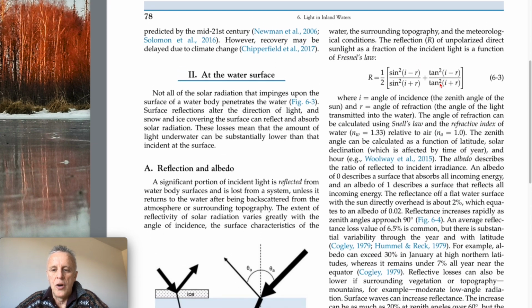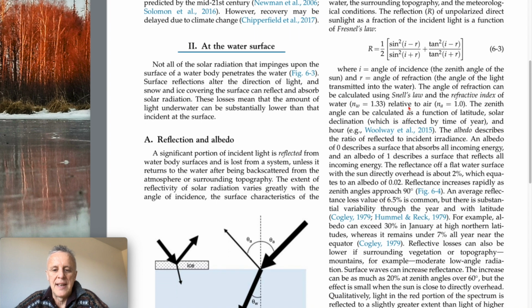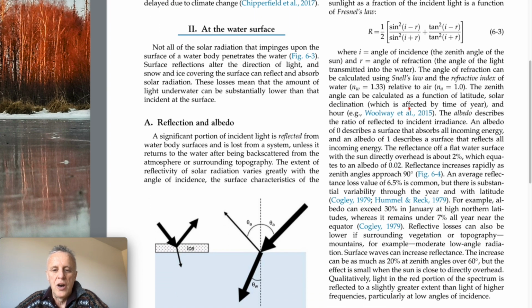The reflection R of unpolarized direct sunlight, as a fraction of the incident light, is a function of Fresnel's law, which is R equals one half of the sine squared of this fraction over the sine squared of this fraction, plus the tangent squared of this over the tangent squared of that, where I is the angle of incidence, the zenith angle of the sun, and R is the angle of refraction, the angle of the light transmitted into the water.